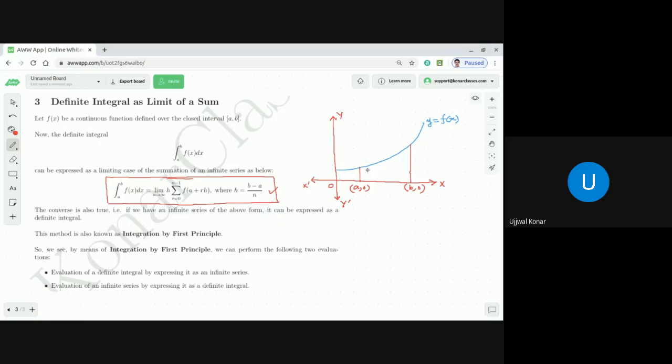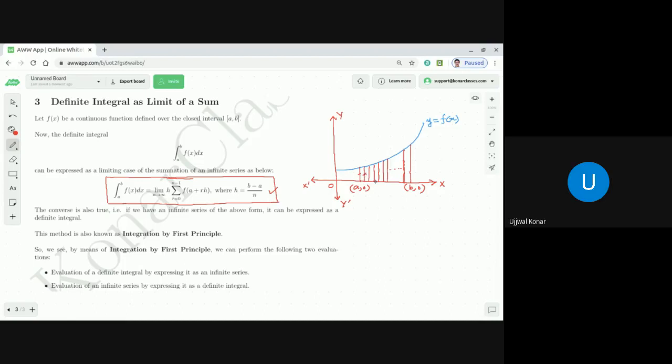Then we divide that entire region into small strips. I'm just giving an idea of how it is actually computed, not the exact mathematical formulation. Suppose you consider this straight line and this straight line.